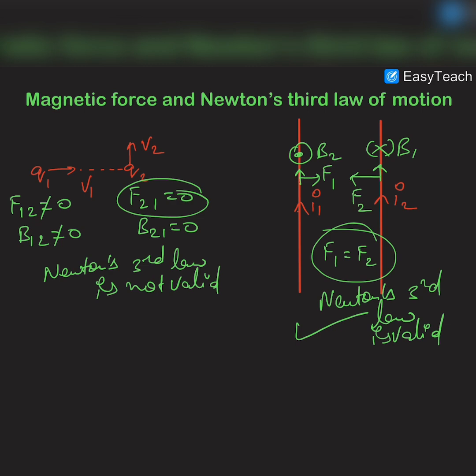So we would find some cases, like I discussed in this video, in which only magnetic force would not be obeying Newton's third law, and only electric force will not be obeying Newton's third law, because Newton's third law is valid for total electromagnetic force, and the net force of nature is electromagnetic, and electric and magnetic forces are two components which act or dominate in different scenarios. So this was all in this video.